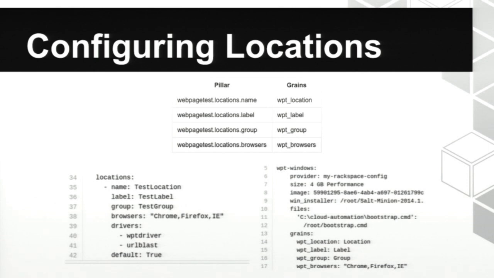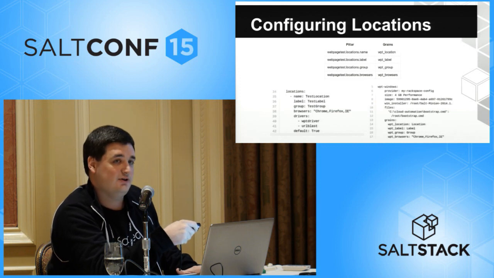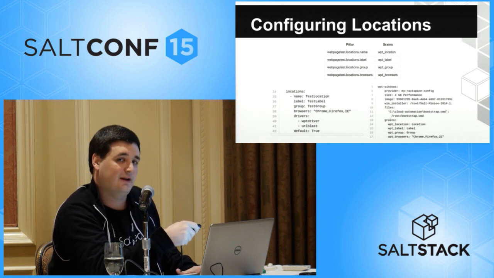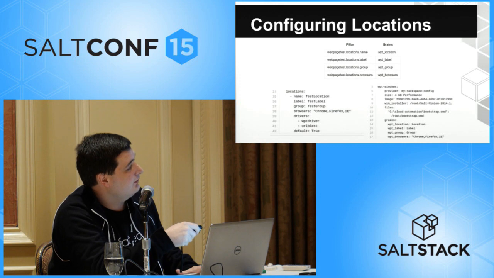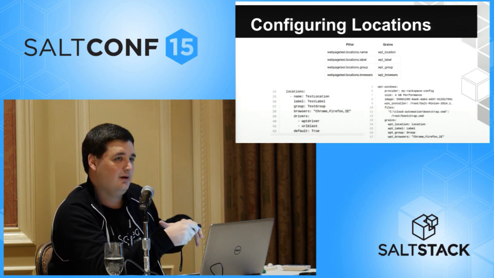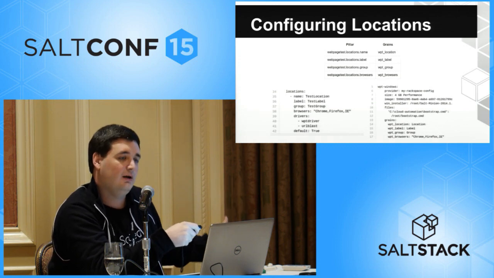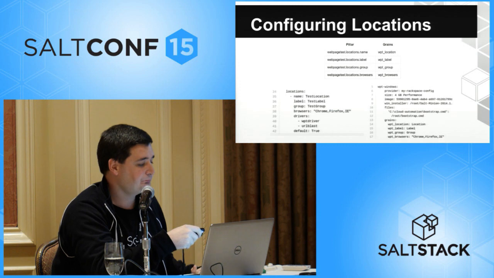My states, essentially, for the front end, look at this listing of locations and do a for loop in Jinja to write out all those locations. And then on the Windows side, it reaches into its grains and writes out that configuration file using the grain data. So it's something that you kind of have to manually keep in sync, but as long as they're defined and they are identical for the locations that you want to do, this works out really great.